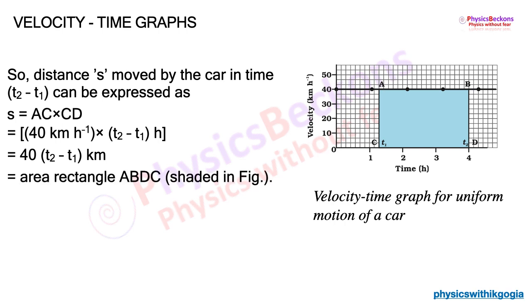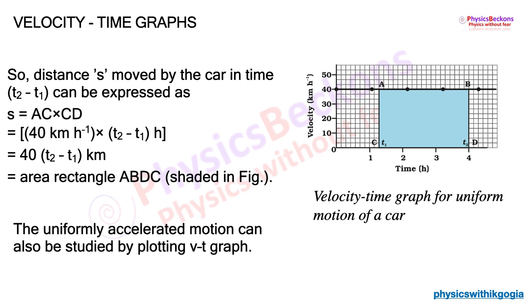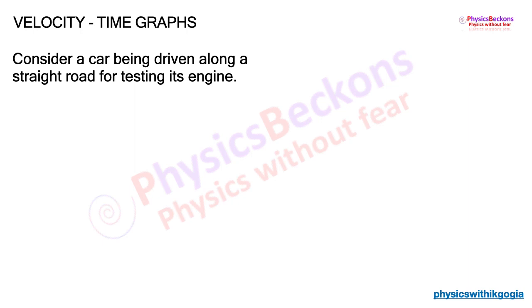The uniformly accelerated motion can also be studied by plotting the VT graph or the distance time graph. Let's consider a car being driven along a straight road for testing its engine. While testing, we want to find out in general the acceleration which the car engine can provide to the car.